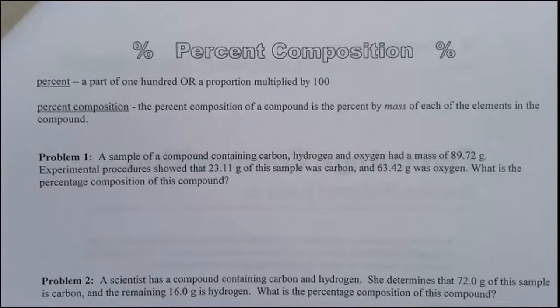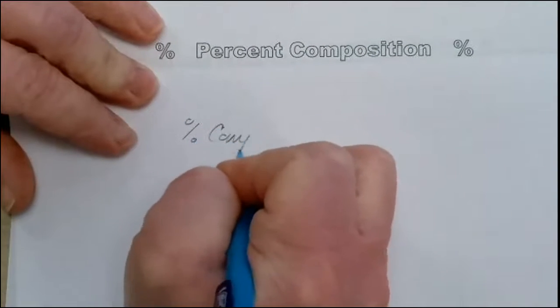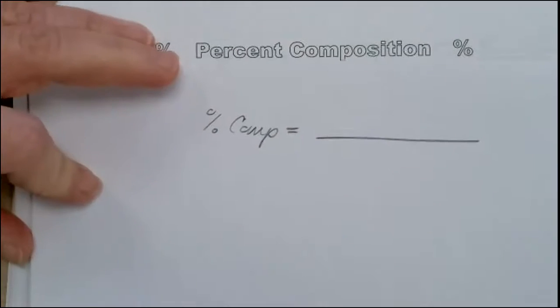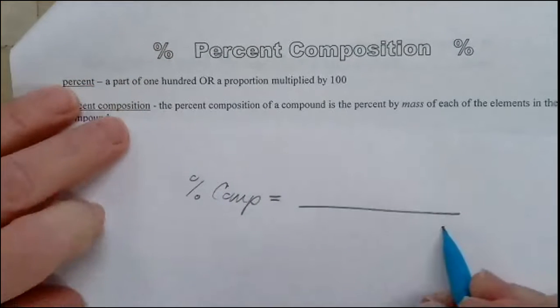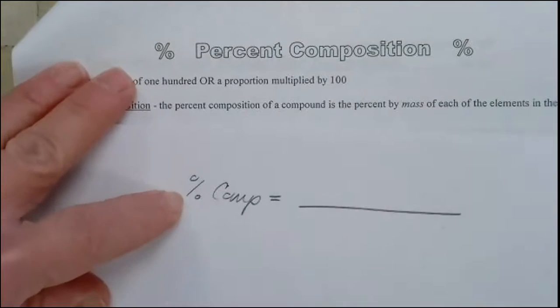When we are being asked for the percent composition of a formula, it is, as it reads here, a percent composition is always part compared to the whole. Part compared to the whole, but what is the part and what is the whole in the scenario that you're looking at? Now, we are making these percentages. So we could come up with the formula ourselves, actually. Percent composition, part compared to the whole.